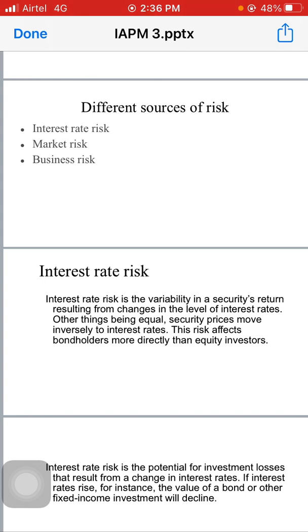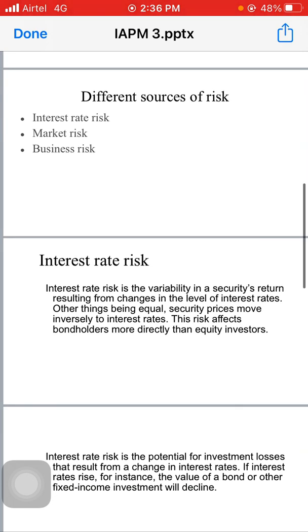Whenever we speak about interest, we all know which investment vehicles get interest. One is fixed deposits, one is debenture, one is bond. So these are the securities which are basically tagged with a percentage of interest rate.